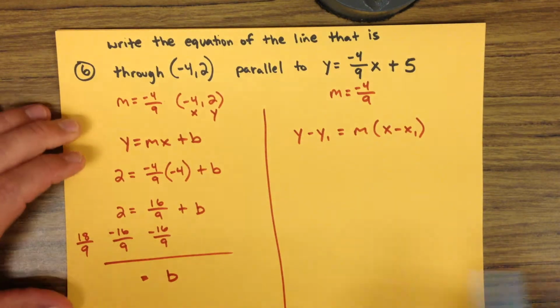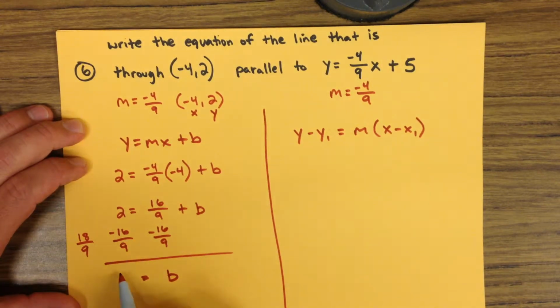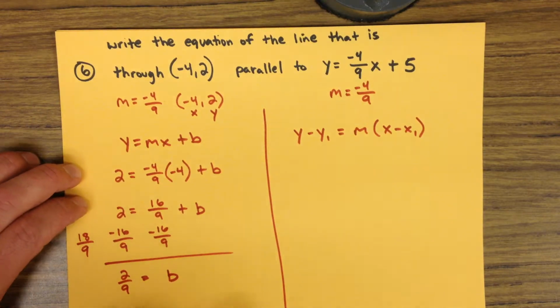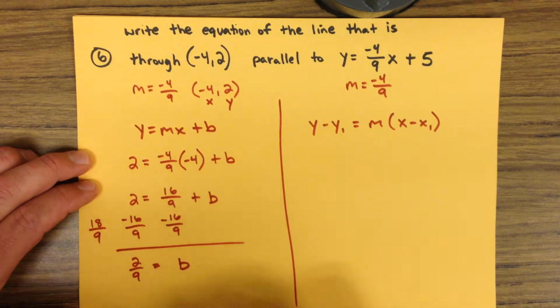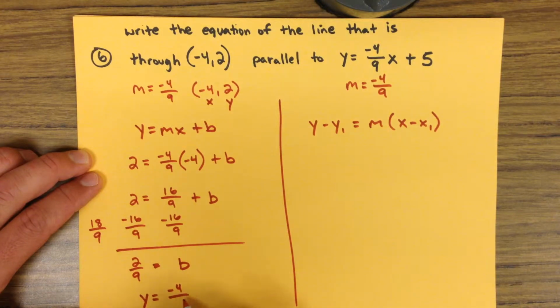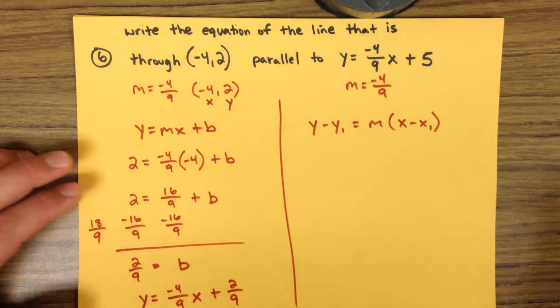Alright, so 18/9 minus 16/9 is 2/9. So I have to rewrite the equation completely. y equals, I need a slope of -4/9 and an intercept of 2/9.